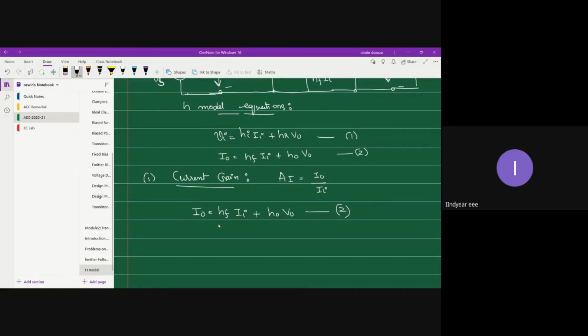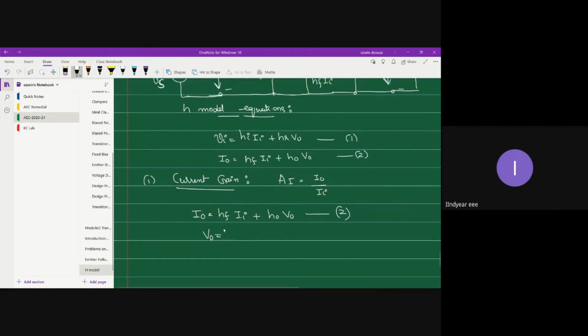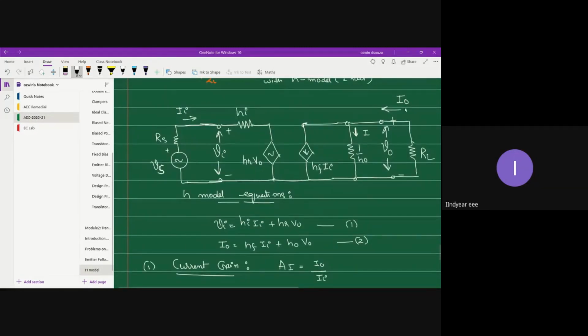Now, in equation 2, we can write an expression for V naught. V naught is the voltage across RL, so can I say V naught is I naught into RL? But if you look at the I naught direction, I naught is flowing from bottom to top, so it gives the voltage in a flipped manner.